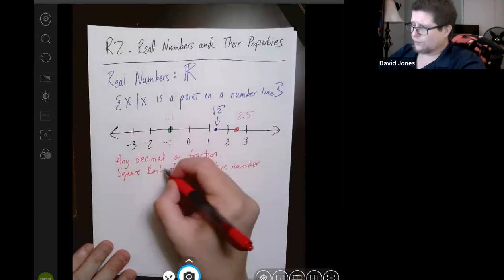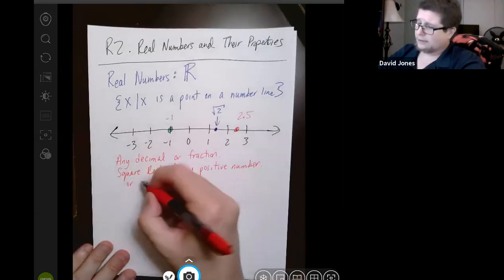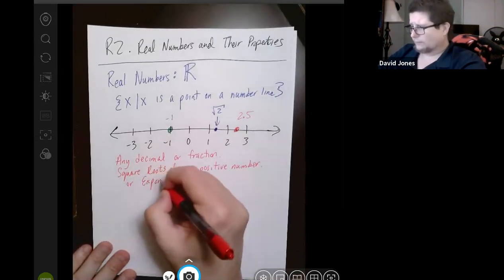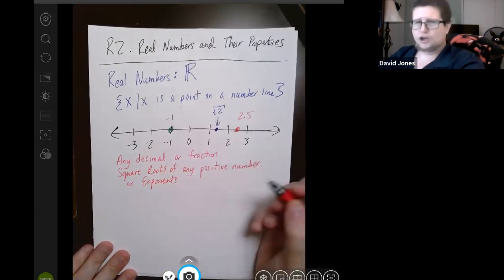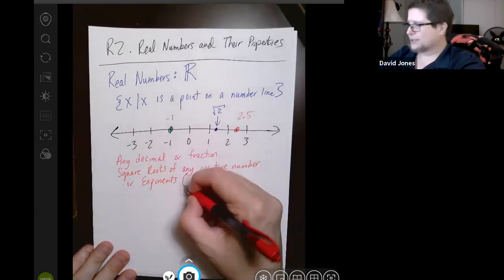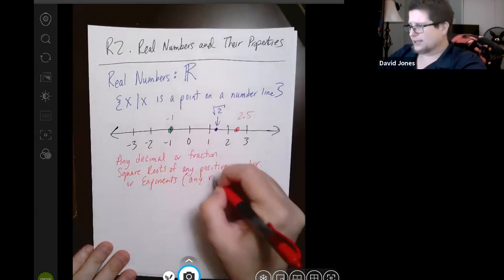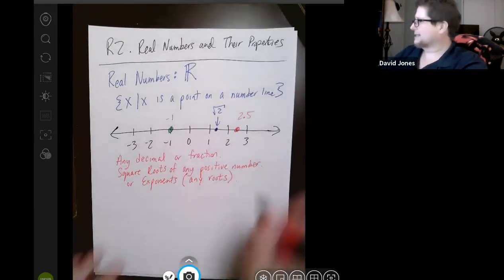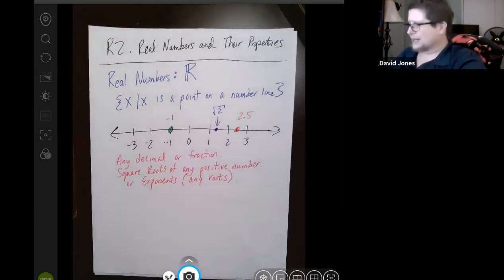Square roots or exponents, like 2 to the 4th power, we'll cover that. And it doesn't just have to be square roots, any root works. You'll see other roots as we're going through the class. So that's what we indicate as real numbers.